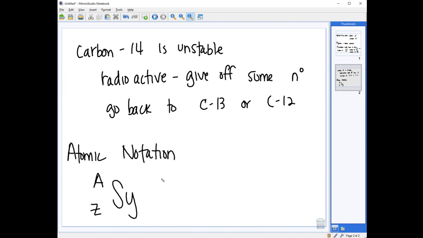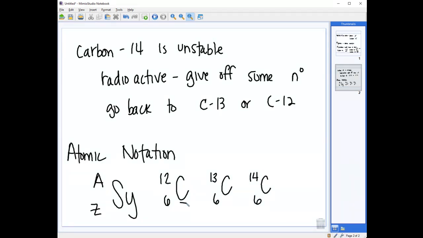So carbon 12 would be written like this: I've got my symbol C for carbon, its atomic number is 6, and I add the 6 protons and the 6 neutrons to get a mass number, or A, of 12. Then carbon 13 would be written like this, and carbon 14 like this.